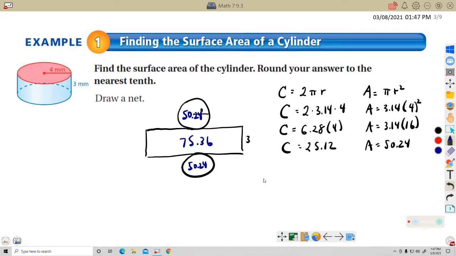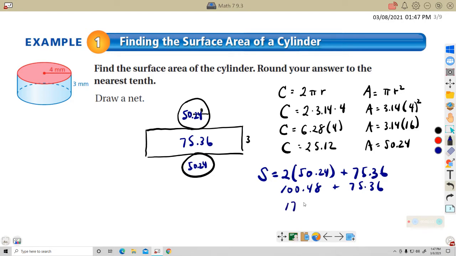Okay, so let's add these up. The surface area of the cylinder is going to be 2 times 50.24 plus 75.36. 50.24 times 2 is 100.48, plus 75.36 is 175.84.